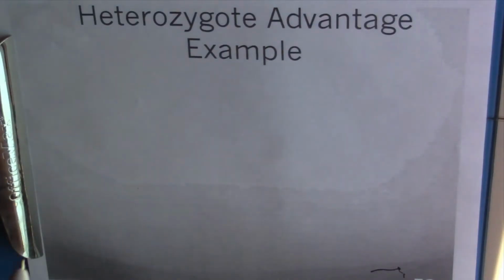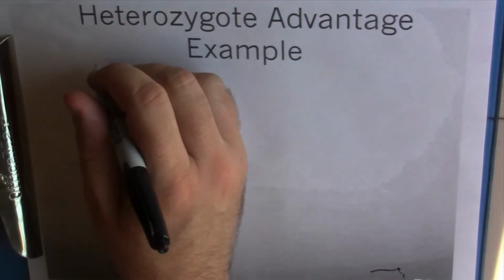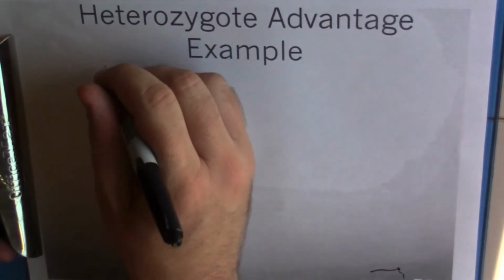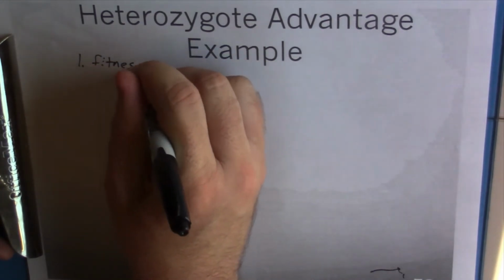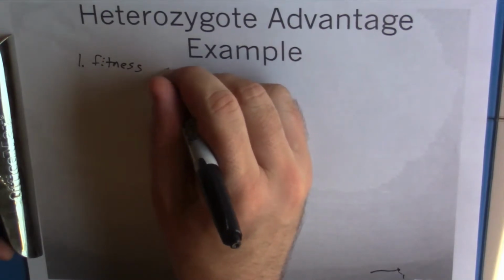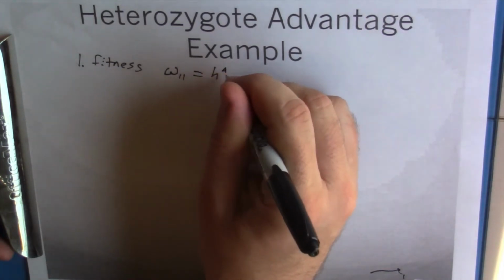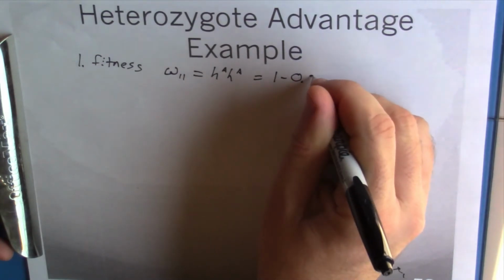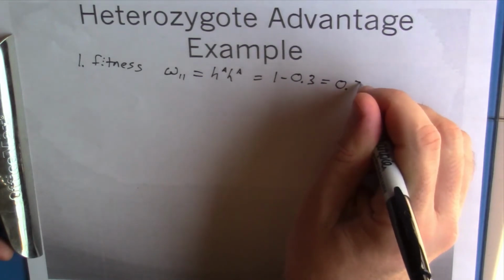So our first step, just like in the previous problem, is to find the fitnesses. The fitness of the healthy allele homozygote, A1A1, is equal to 1 minus 30% of them were dying from malaria, so it's equal to 0.7.